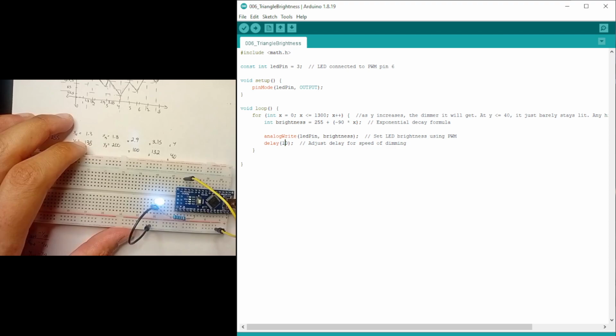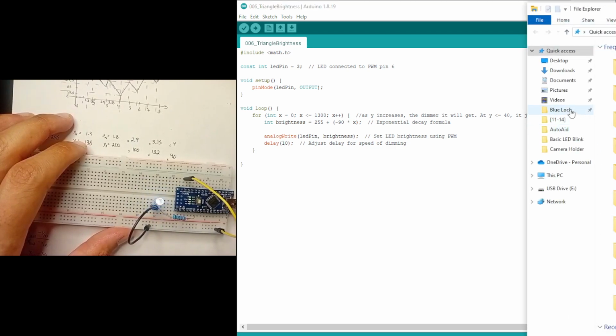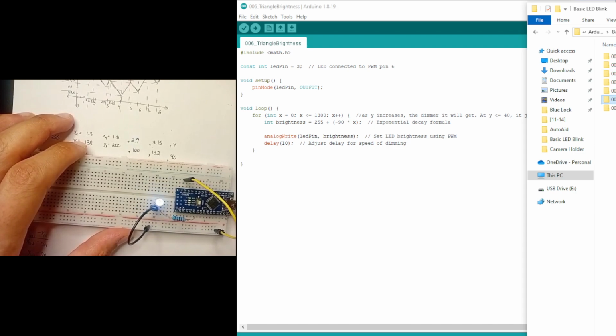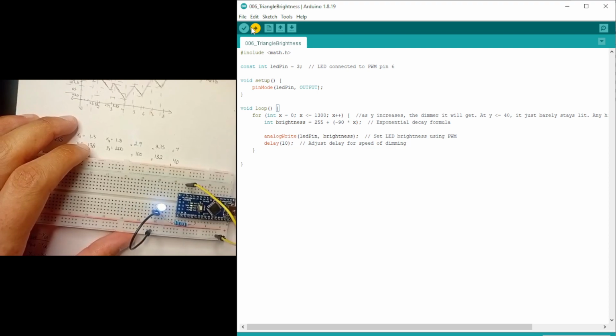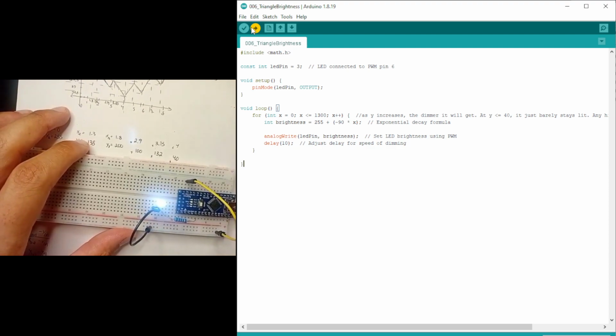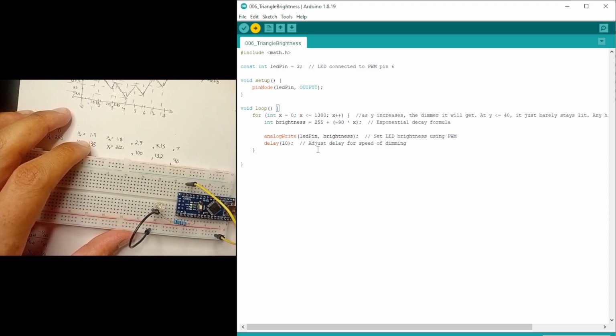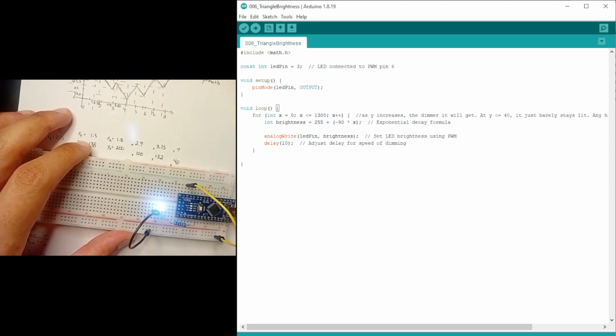Gonna have to delete, damn, gonna have to do it now. Exponential decay formula.